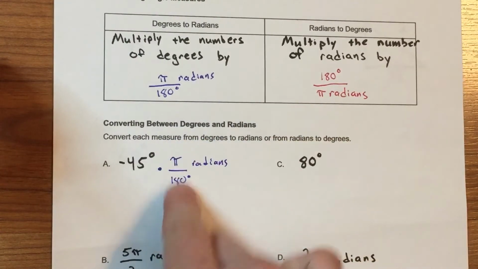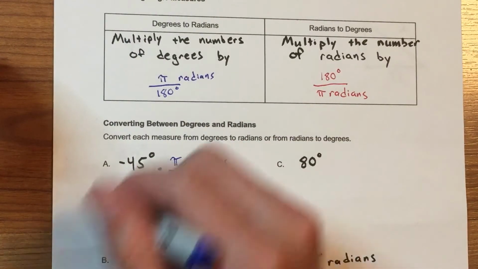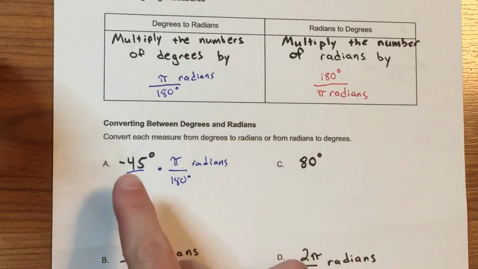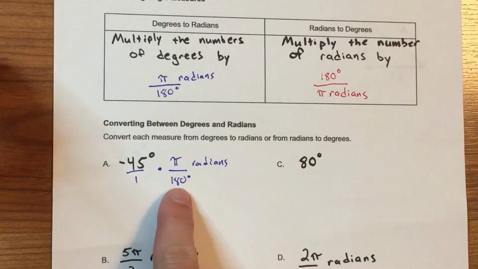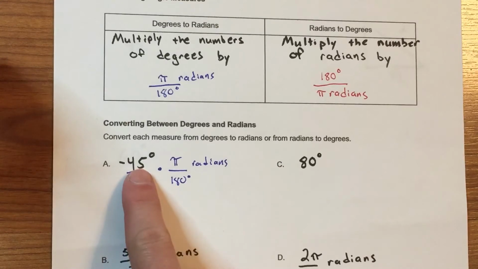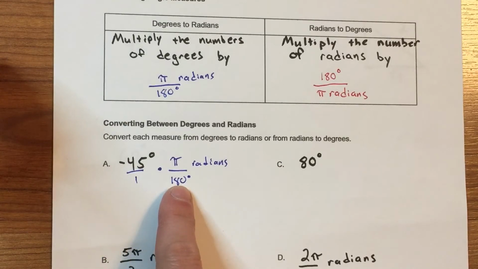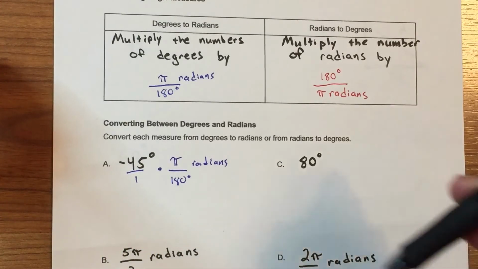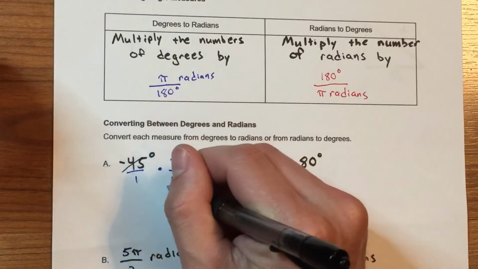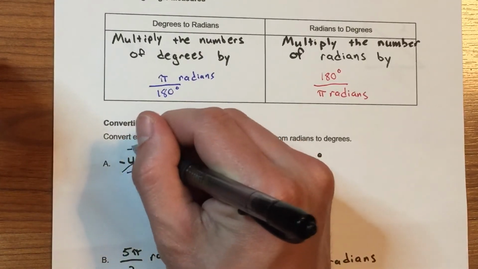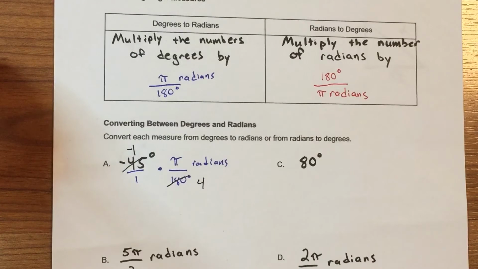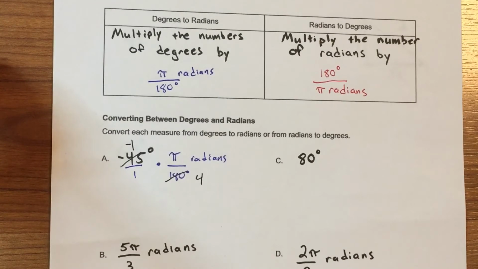Notice the degrees, right? We can cross simplify. How many times does 45 go into 180? 45 goes into 180 4 times. So we can rewrite this by simplifying: 45 goes into 180 4 times.